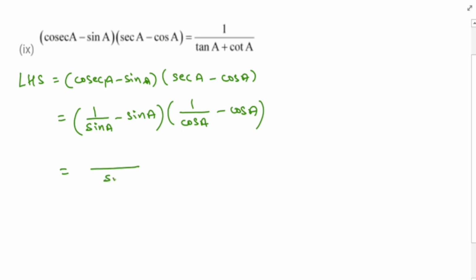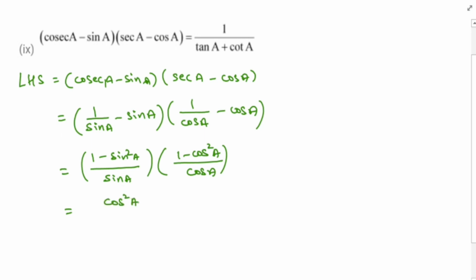LCM is sin A. So the numerator is 1 minus sin square A. Here LCM is cos A, 1 minus cos square A. 1 minus sin square A is cos square A divided by sin A as it is, into 1 minus cos square A is sin square A divided by cos A as it is.